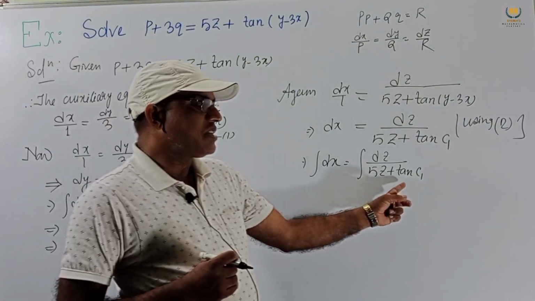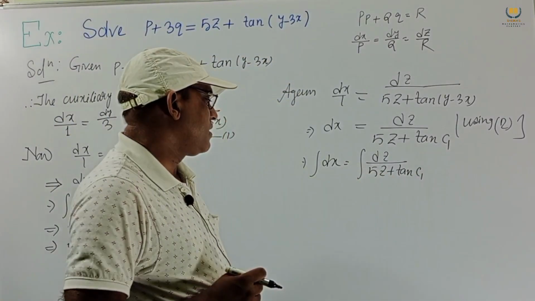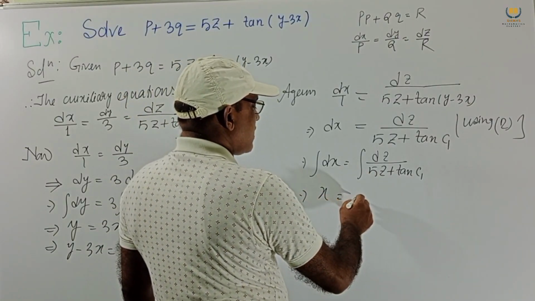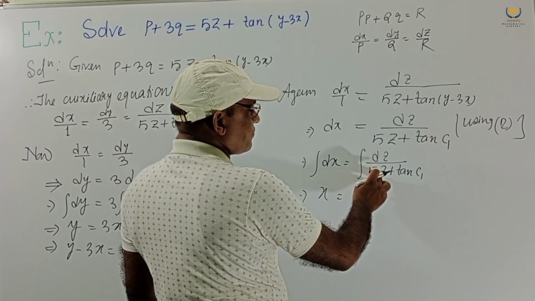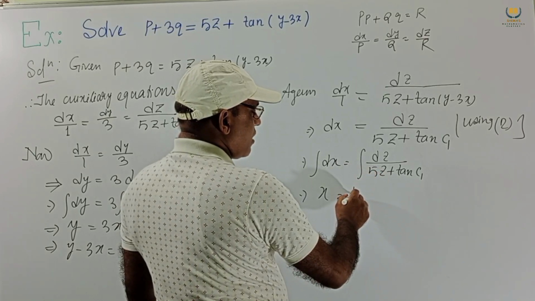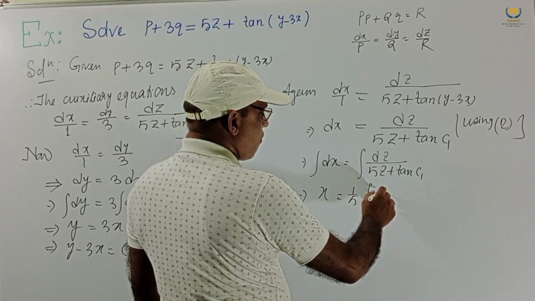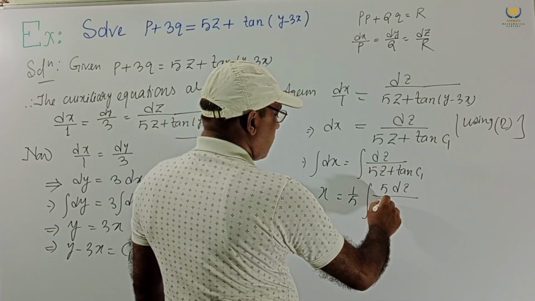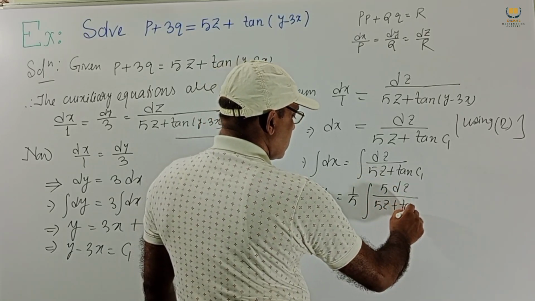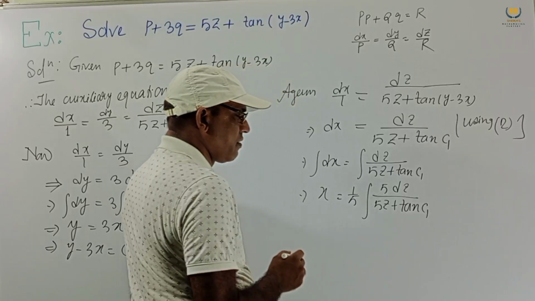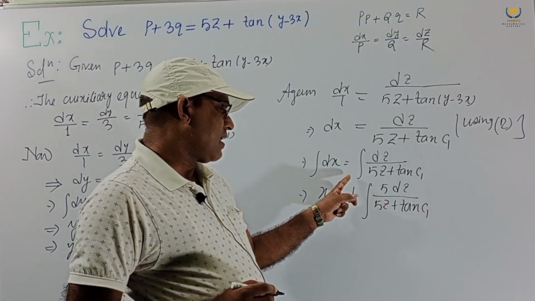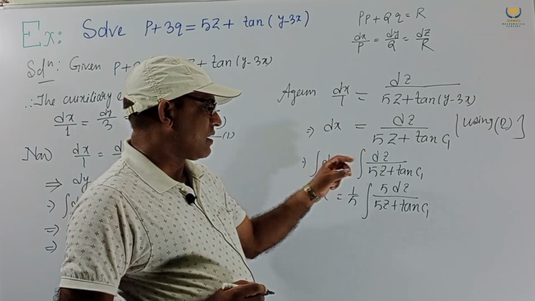Now 10 c1 is constant, z is variable, so this is x. We can write this as 1 by 5 integration dz by 5z plus 10 c1. So the numerator is multiplied by 5 and here 1 by 5, the 5 cancels.